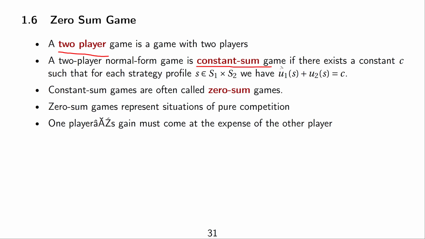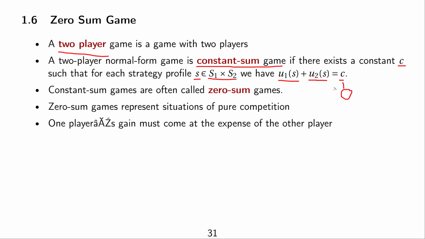And then there's the idea of a constant sum game, and a two-player normal form game is a constant sum game if there exists a constant C, such that for each strategy profile s, and now this state space is S1 cross S2, so for each strategy profile s in this state space, we have u1 of s plus u2 of s equals C. Generally, what we have is that C equals 0.